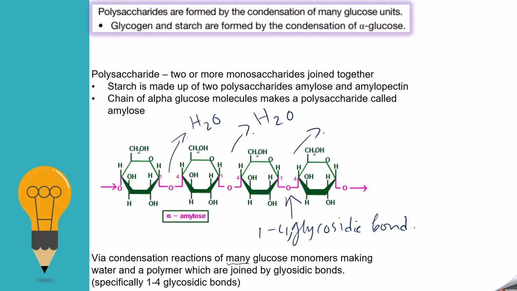AQA could show you a diagram and ask how many water molecules were lost. Well, how many glycosidic bonds are there? Ignoring these end bits, we can say there's 1, 2, 3. So there's 3 water molecules that were lost.